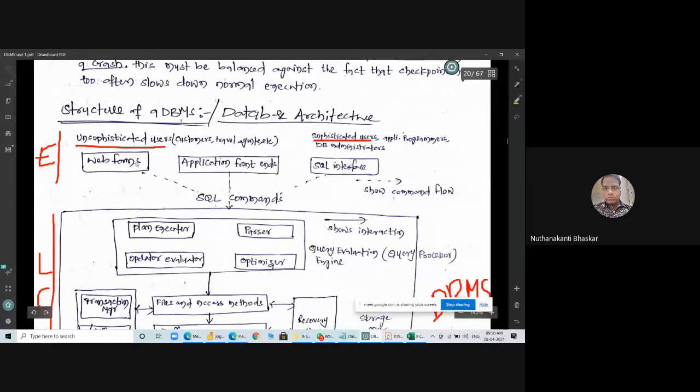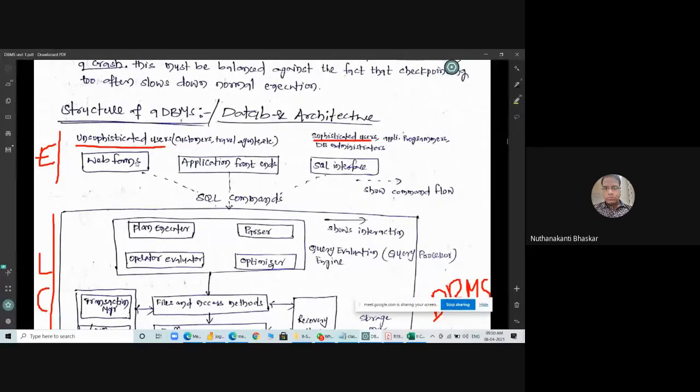Sir, what are these two categories of users? I will tell you. Unsophisticated users don't know SQL programming. They are not related to technical. They are common users, that is, customers or travel agents like that. For example, if you want to book a ticket, maybe BookMyShow, one movie ticket, you are the customer. You just have to fill in the information in text boxes or drop downs, whatever information you want.